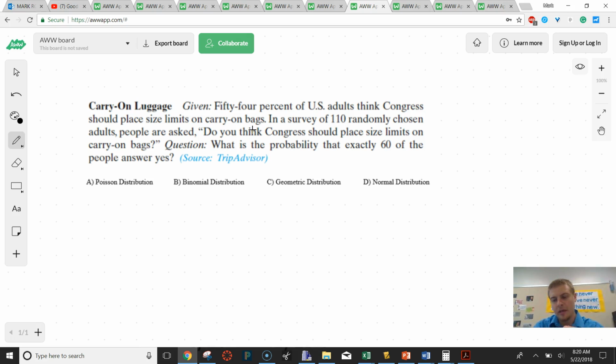Well, because this situation is a yes and no situation, this would be a binomial distribution, because I have an exact number of people that I want to get correct out of 110. So I'd have 60 successes and 50 failures. Whenever you have a number of successes and a number of failures, that's binomial, because you have two things going on.